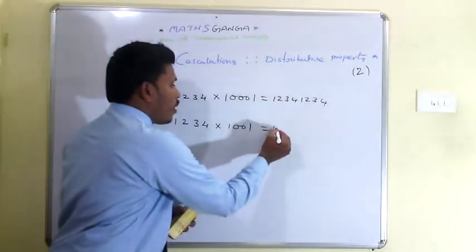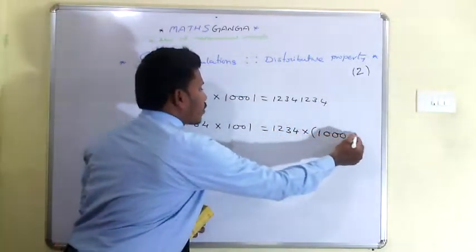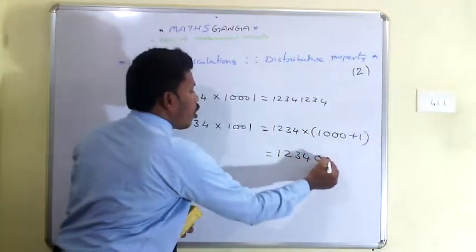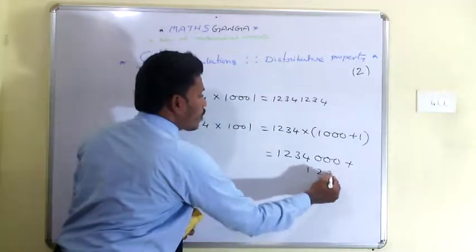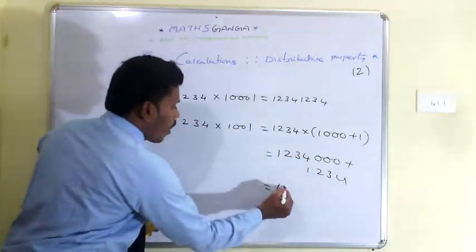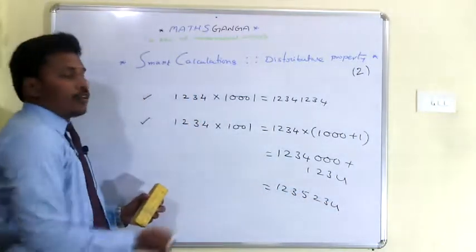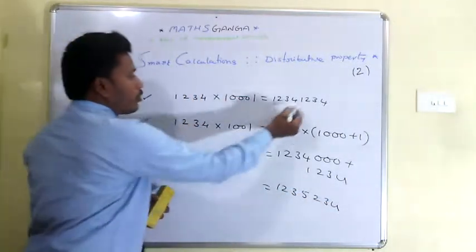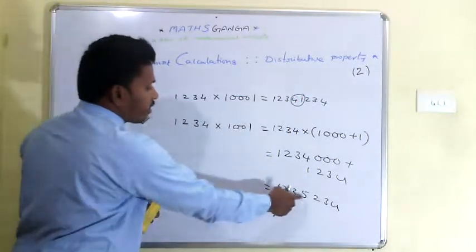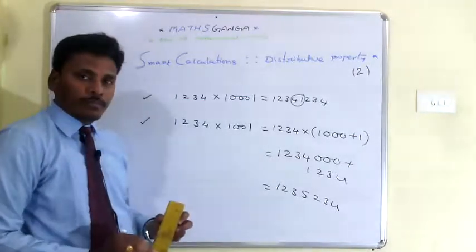So the result is 1, 2, 3, 4 into 1000 plus 1, that is 1, 2, 3, 4 with 3 zeros plus 1, 2, 3, 4. Okay, so the result is 1, 2, 3, 5, 2, 3, 4. Since one 0 is reduced, the 4 and 1 get added as 5. The result is 1, 2, 3, 5, 2, 3, 4.